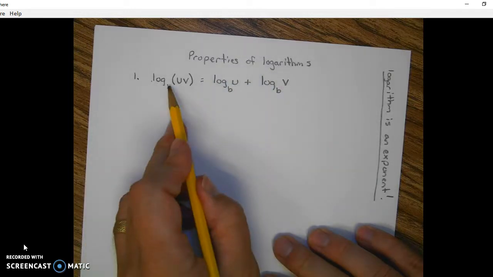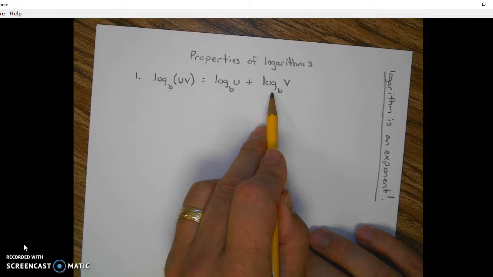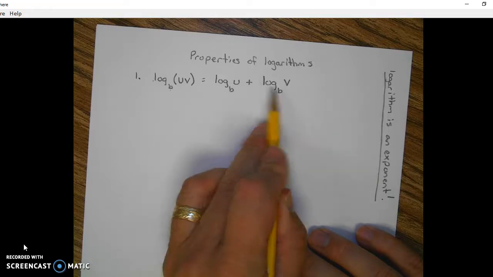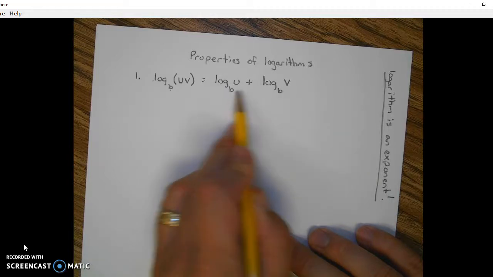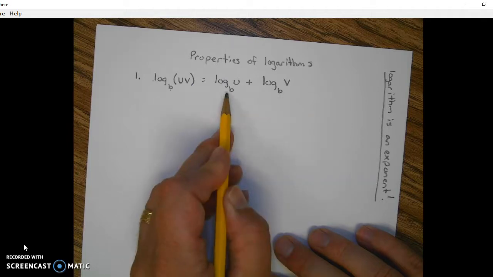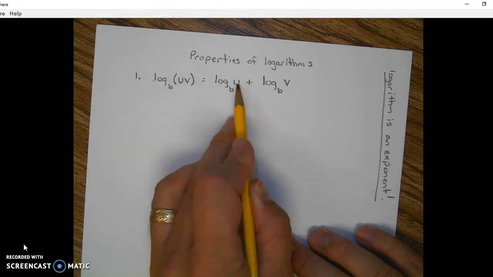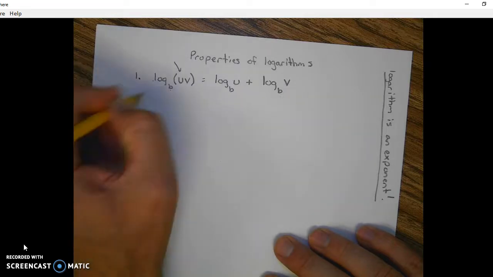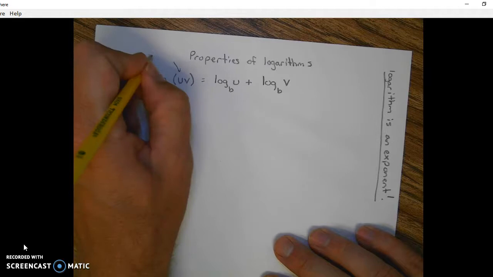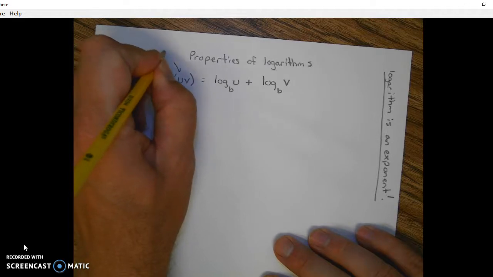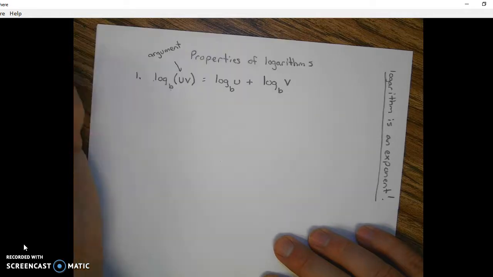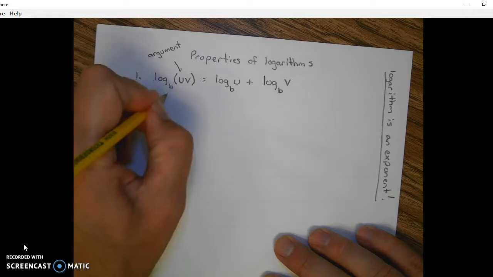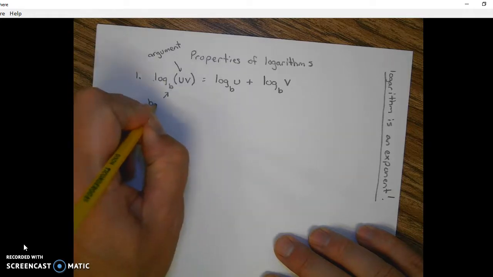We can go from this to this, or if we're adding logarithms, we can go from 2 logarithms, as long as the bases are the same, down to 1 logarithm by multiplying the argument. Whatever you're taking the log of is known as the argument. And down here, of course, we said this is the base.